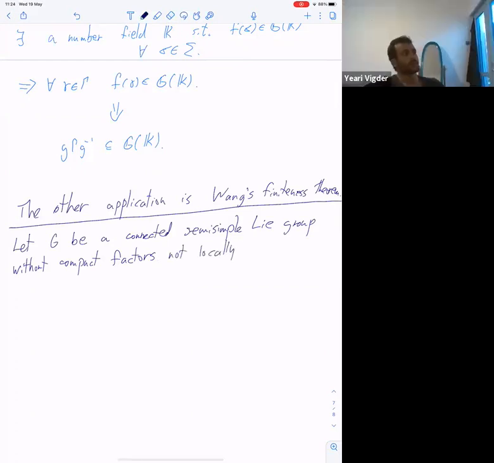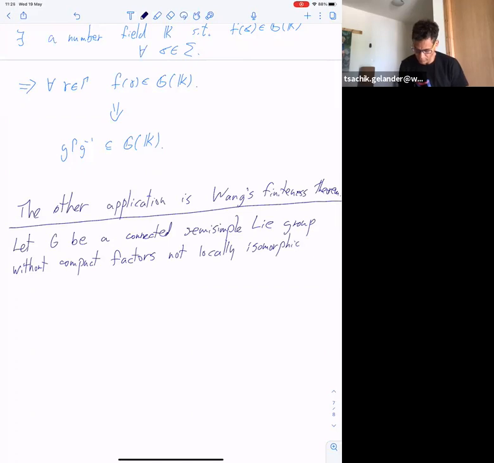What do I mean by without compact factors? I don't want it to be, for instance, SL3(R) × SO(3). That has a compact factor. Every semi-simple Lie group, if it's adjoint, is a direct product of simple factors, and I want all of them to be non-compact.